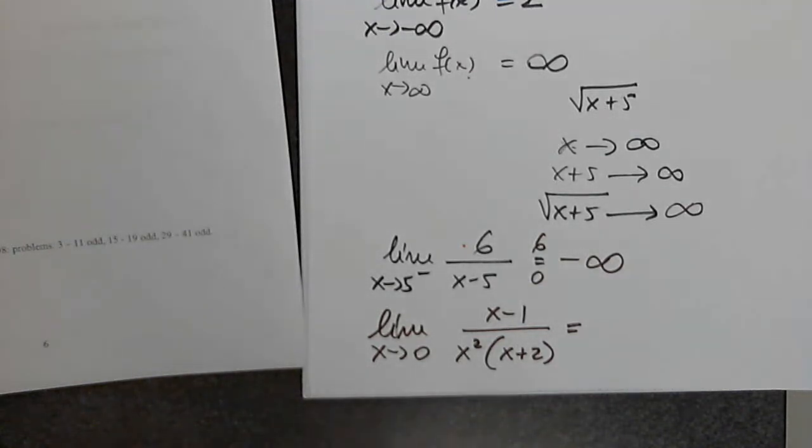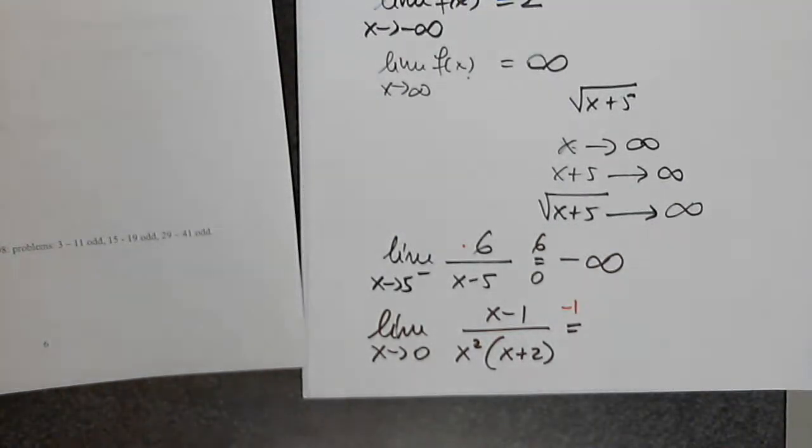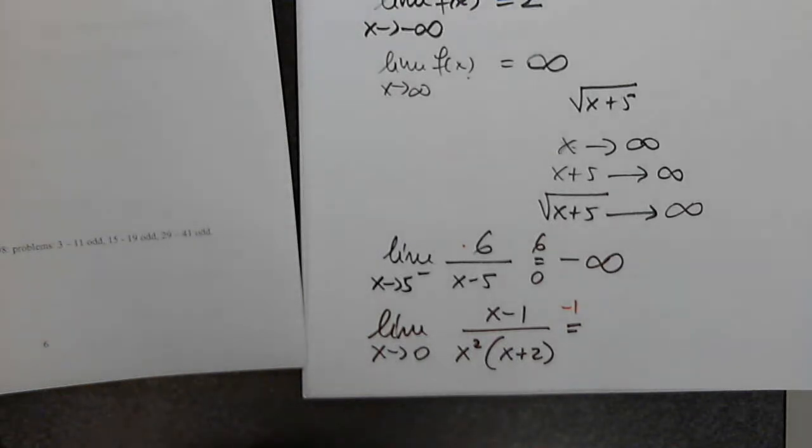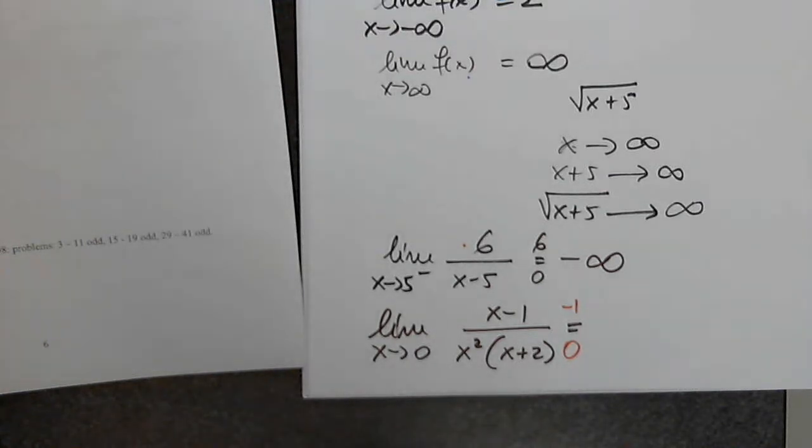The top turns out to be, and the bottom turns out to be, how much? 0. Perfect. So I know that there are 3 options, none of which I have a success, right? This limit does not exist. But the answers are D and E, infinity, or negative infinity.